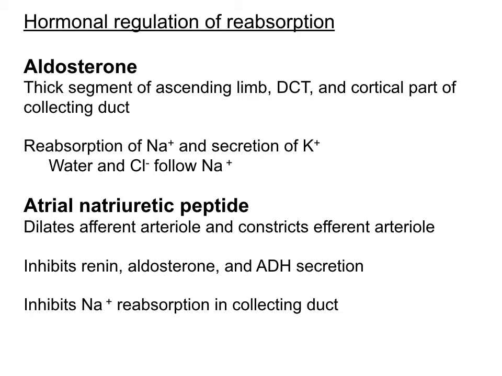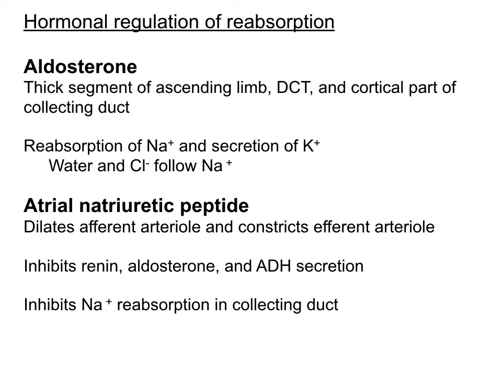Your atrial natriuretic peptide, your ANP, we mentioned before that it dilates the afferent glomerular arteriole and constricts the efferent glomerular arteriole. We also mentioned that it inhibits things like renin, aldosterone, and ADH. With regards to the structures, it inhibits sodium and chloride reabsorption in the collecting duct.